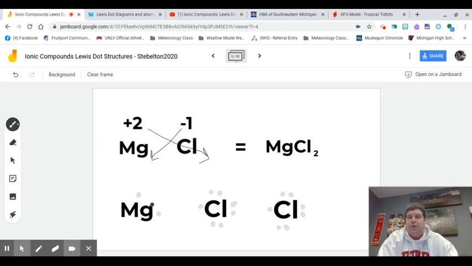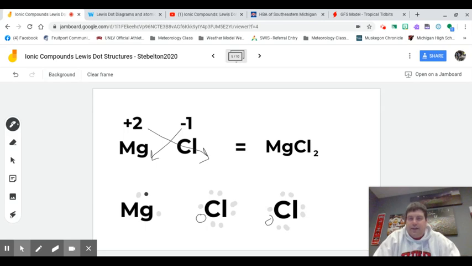It's losing 2 negatively charged electrons. It has 2 to give. In chlorine, I'll put the circle again. Chlorine has 1 to accept right here, and also 1 to accept right here.